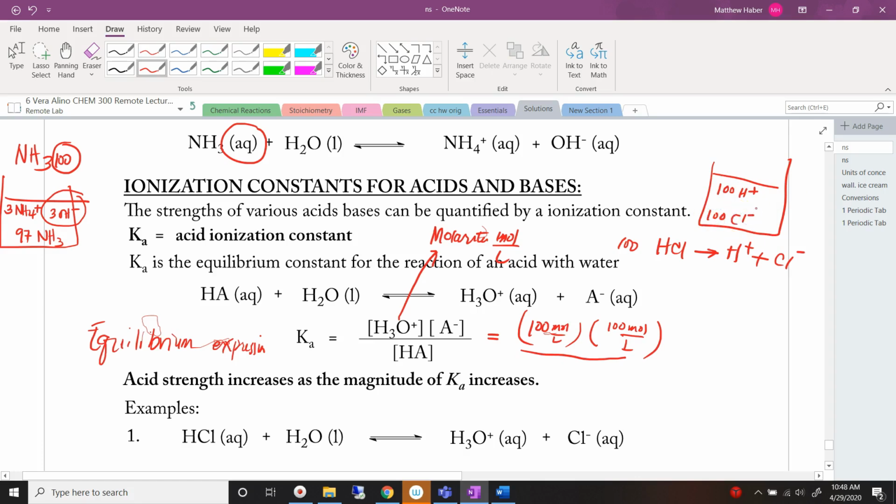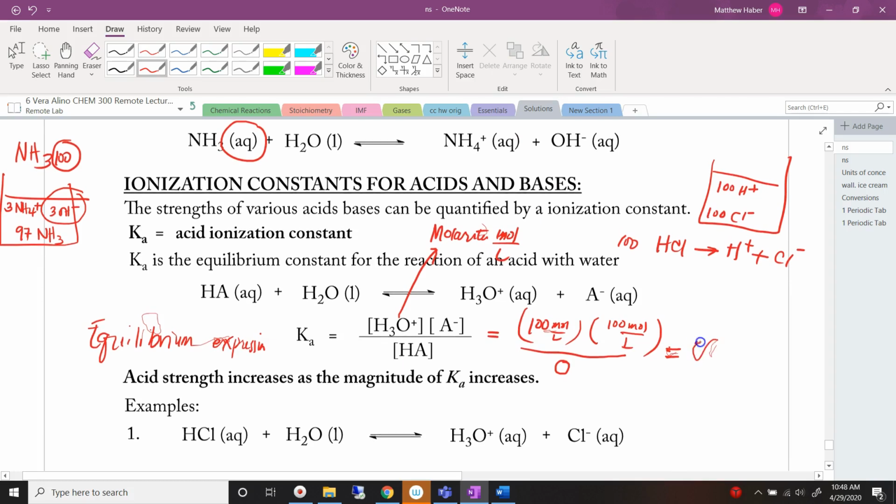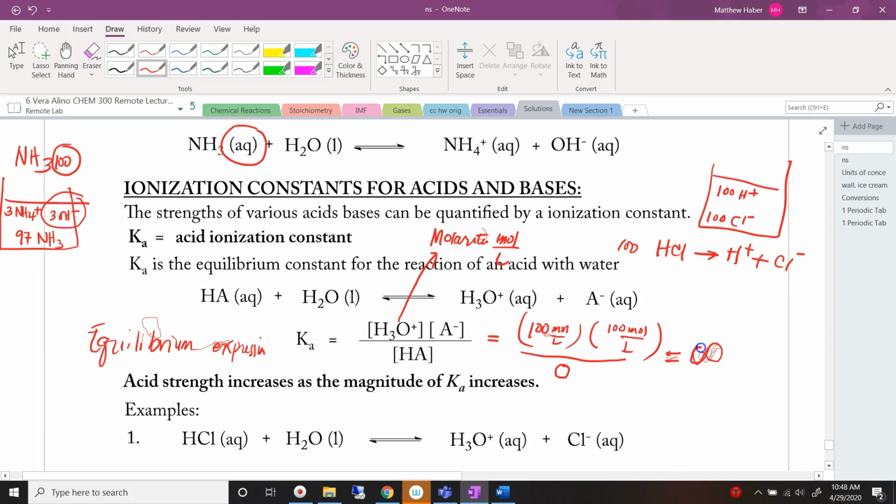There's no HCl as a compound present in the solution. So this is not present, so we can just say 0. A big number divided by 0 is always a relatively high number, as indicated by the infinity sign. It's a really, really large number, something that we can't measure.